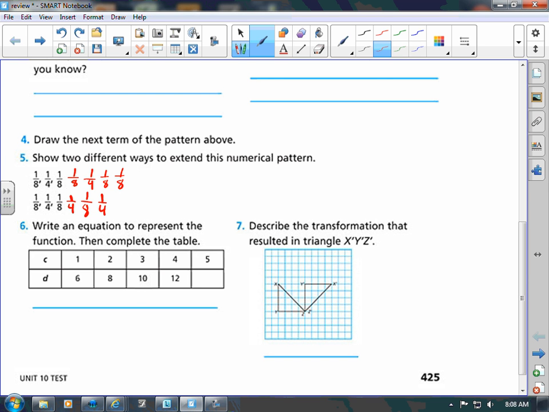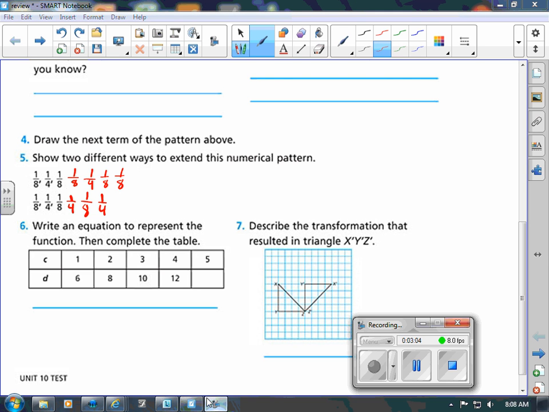Write the equation that represents this function table. You guys have gotten fairly good at those. So just think about, how do I get from C to D, and then come up with your rule. You can start with number 1, you can start with number 2, just whatever number you see that's going to help you get your rule.